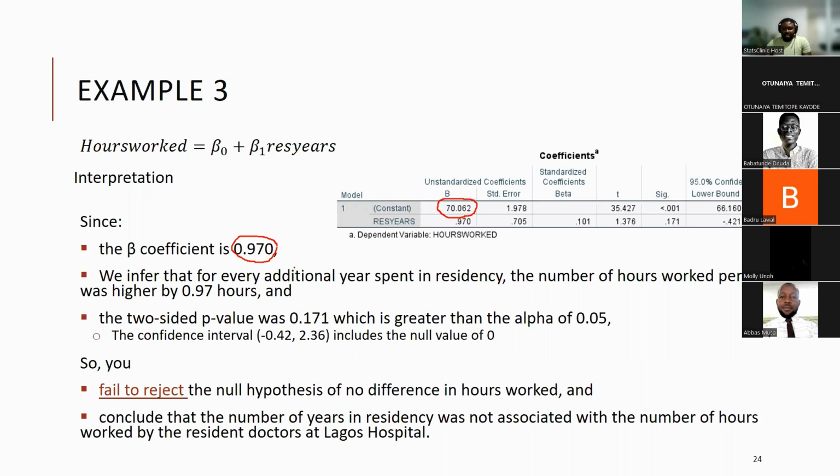And then I want somebody else to interpret the p-value for us. The p-value here is 0.17. Anybody else who hasn't spoken today want to take this super easy question? Anyone who hasn't spoken today?